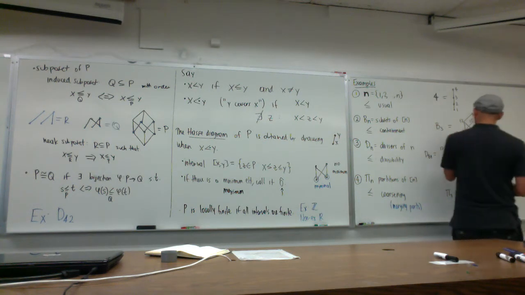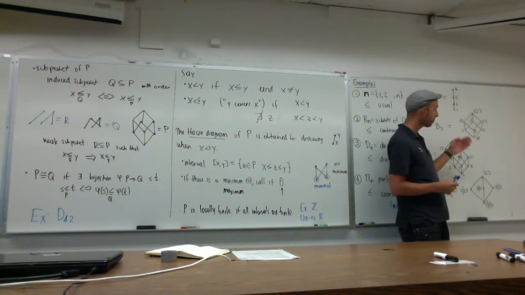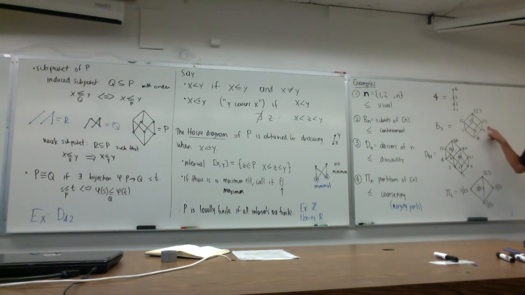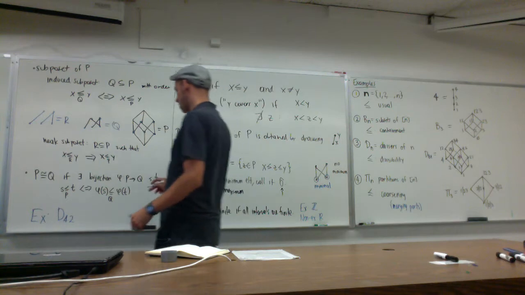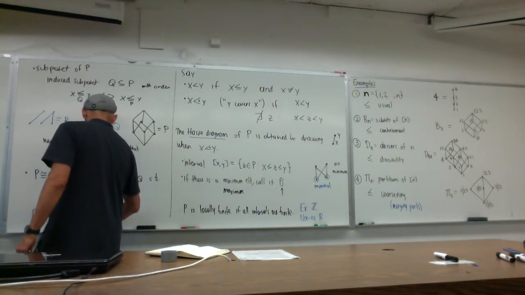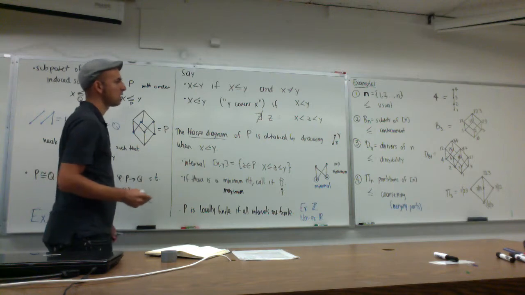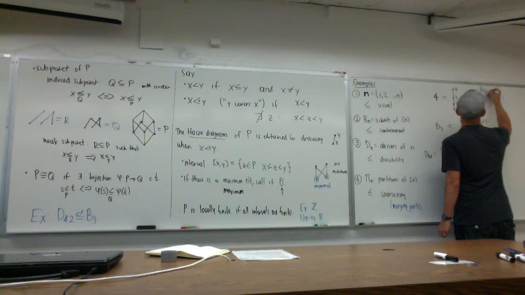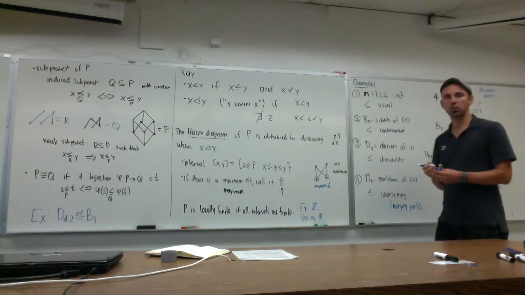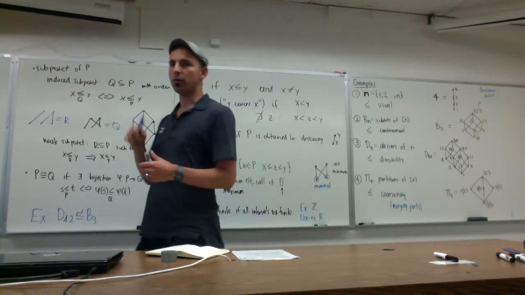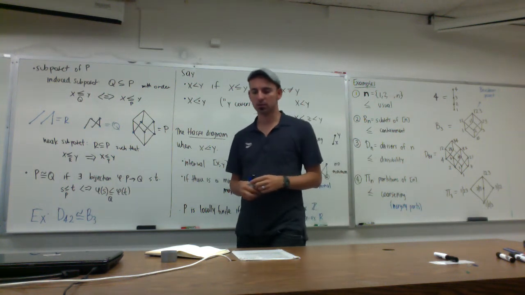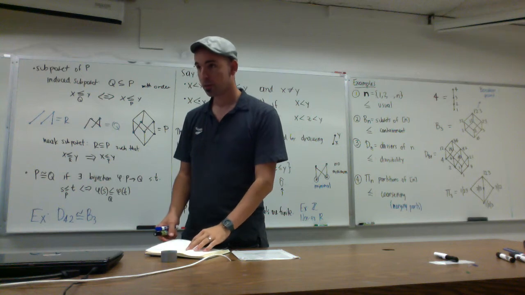Because you just look at this part of the poset, and the order relations are the same. And when you look at it, you see that it looks just like this one. And so therefore, the divisors of 42 are isomorphic to B3. Okay. By the way, I didn't say it, but this is sometimes called the Boolean poset, or the Boolean lattice. Specifically for 3 or just for? No, for n. So this poset Bn is called the Boolean poset. Is that why it's a B? That's why it's B, yeah.